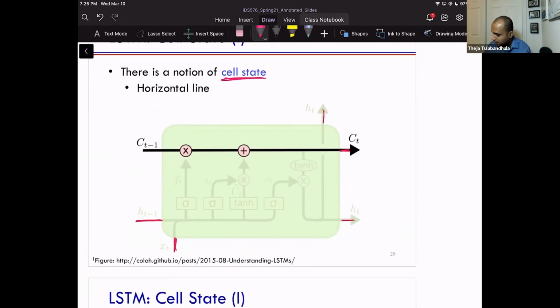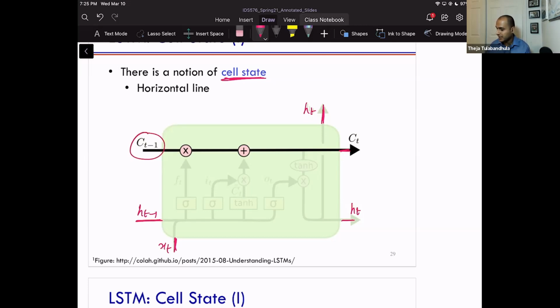Instead of the 2 inputs, h t minus 1 and x t, and 2 outputs, h t and h t itself, we have an extra input and output.